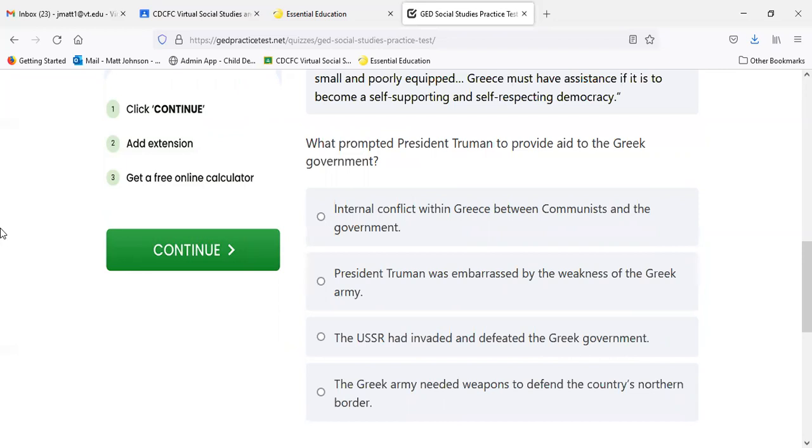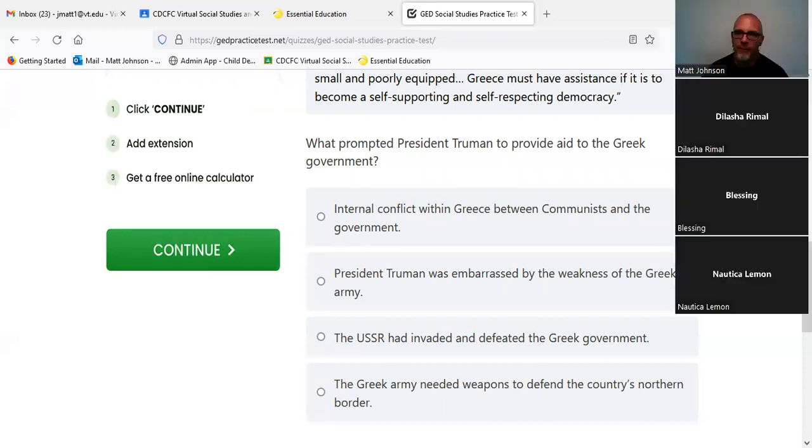Or D, the Greek army needed weapons to defend the country's northern border? C.